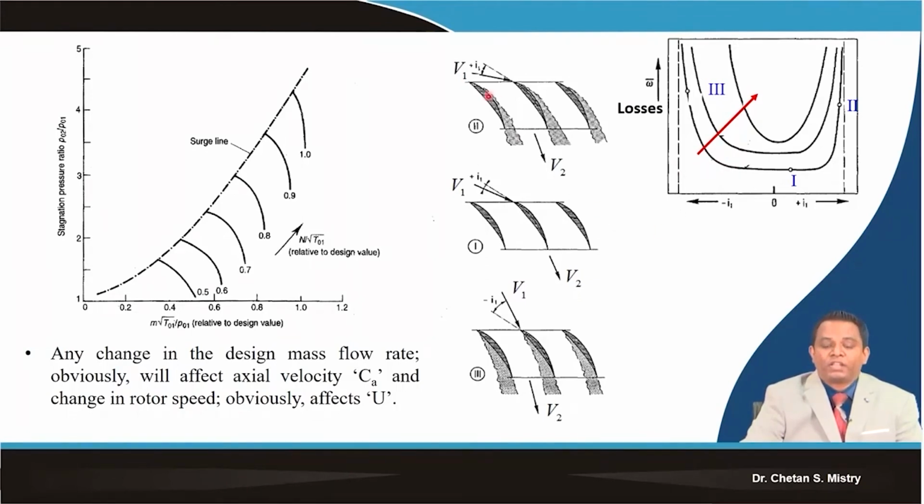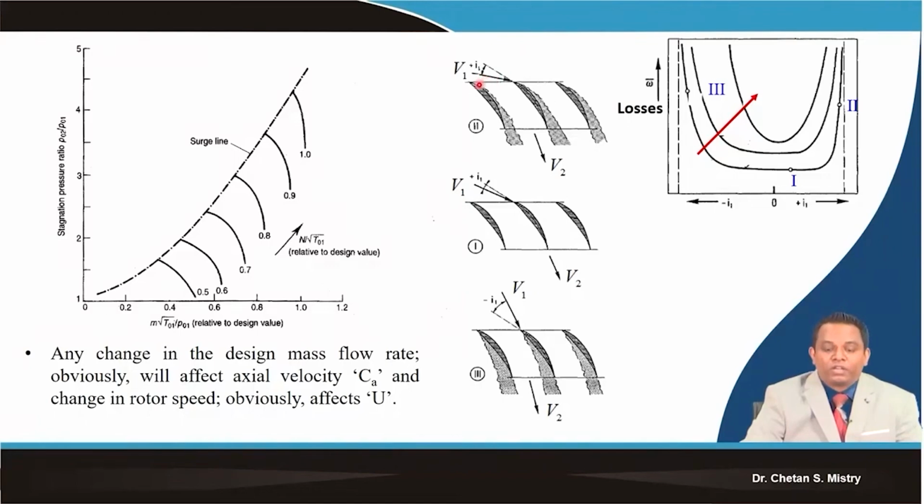Now what is happening? Suppose I am increasing my incidence angle. Realize the thing: when I say I am increasing my incidence angle, that means I am changing my axial velocity or my peripheral speed. So you can say I am decreasing my mass flow rate or axial velocity, or I am increasing my peripheral speed.